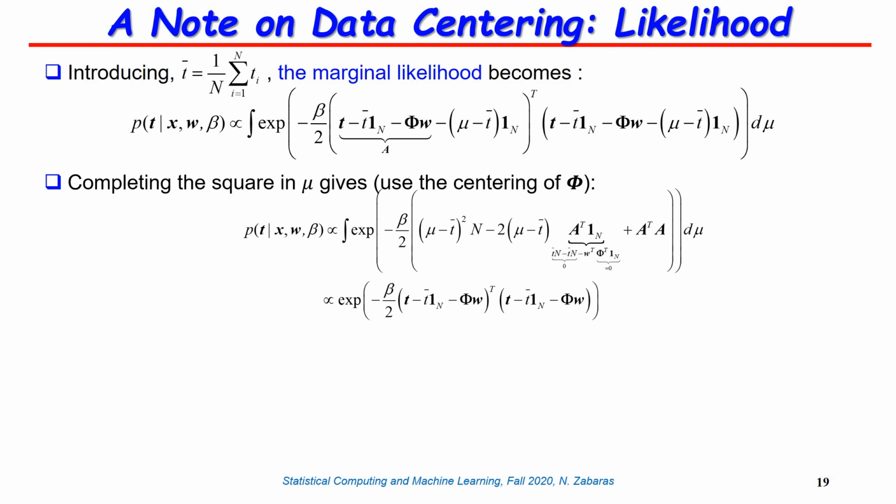So the only thing you're left with is A transpose A that looks like this. And now notice something interesting. There is no mu0 anywhere, right? There is no W0 anywhere.